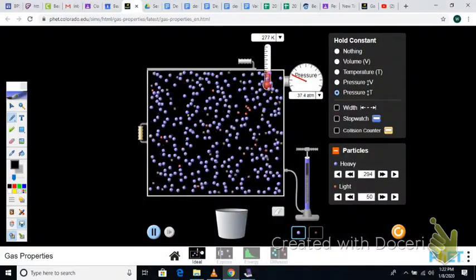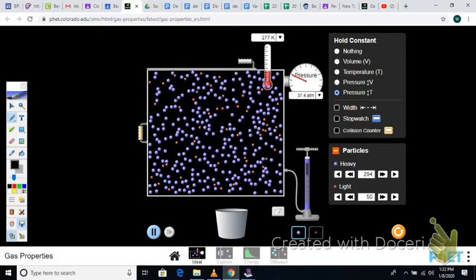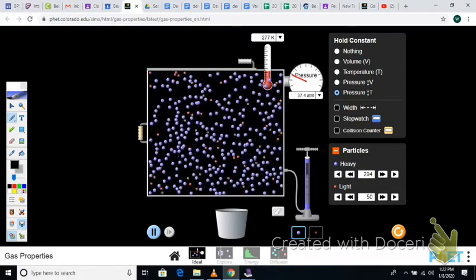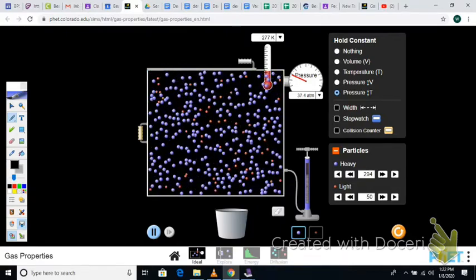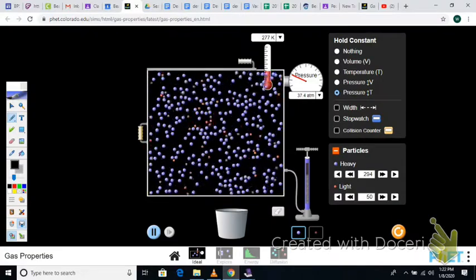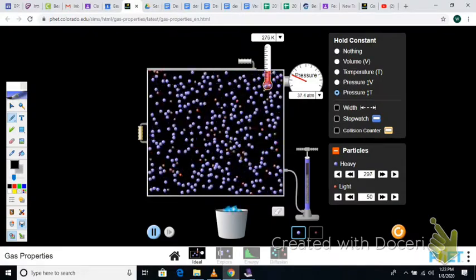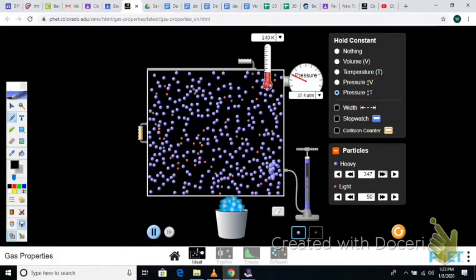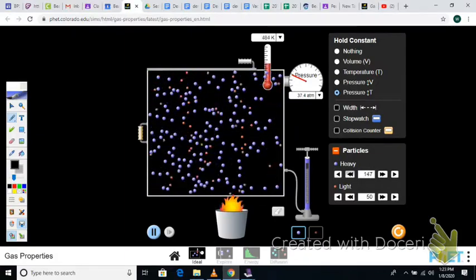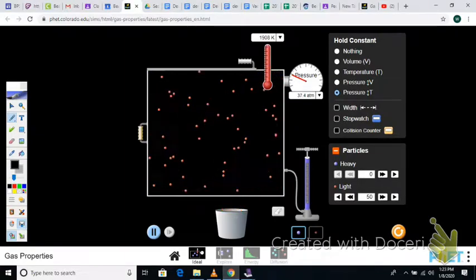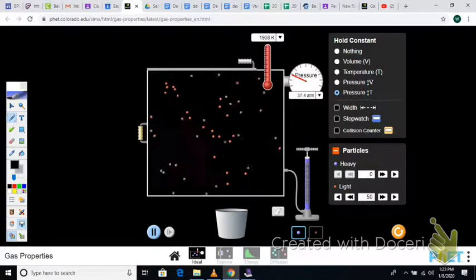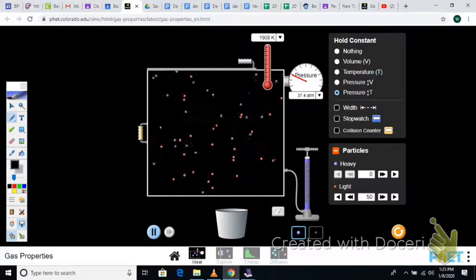Okay, so I want to go back to this little video real quick, and you guys tell me which particle there, the red or blue, would be more ideal. The red one. Okay, because all we have to do is take out all the heavy ones. There's big distances between those.